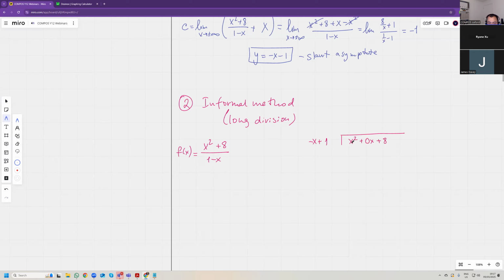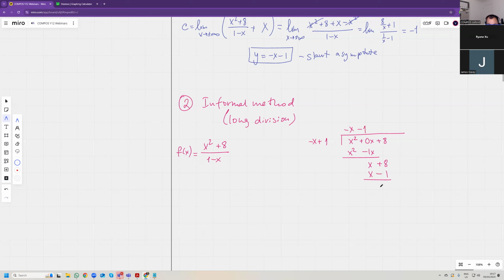So minus x goes into x squared minus x times. So it's going to be x squared minus 1x. And then that goes subtract. So it's x plus 8. So minus x, so that's going to be minus 1. And minus 1, so it's x minus 1.